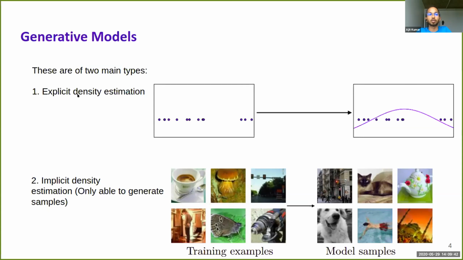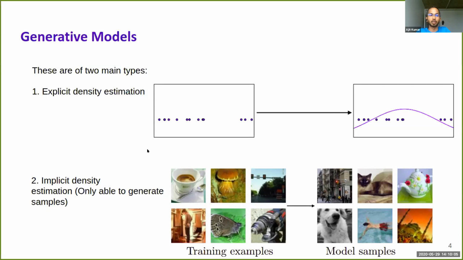For generative models, what the explicit density estimation model tries to do is, given some training data, find out the original distribution of the training data, which is basically like fitting a model to the given data. And then once we have learned this model, we can sample new data from it.